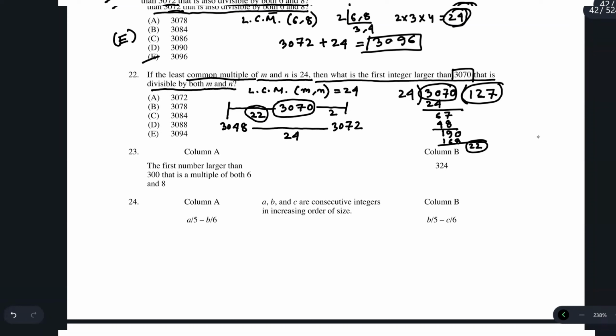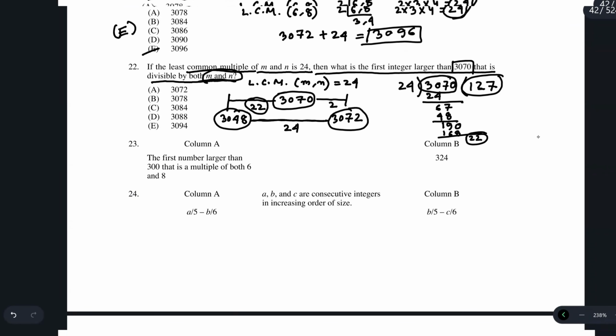If we subtract 22 from 3070, we get 3048, which can be divided by 24. And the next number that is also divisible by 24 is 3048 plus 24, which is 3072. That is the first integer that is larger than 3070 and also divisible by both m and n. So the answer for question 22 should be 3072, or A.